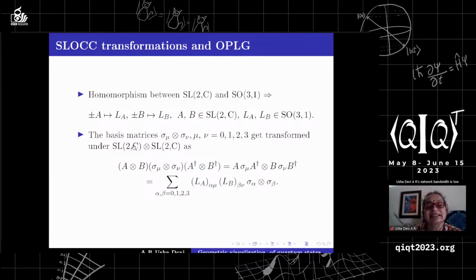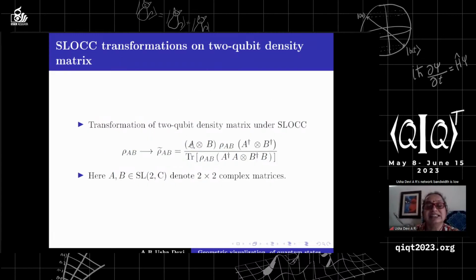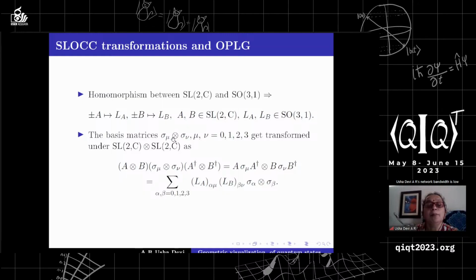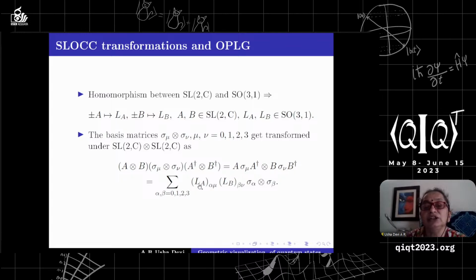So now, if I have such a structure, when a density matrix undergoes a SLOCC transformation, what happens to the Pauli basis? Under this transformation, interestingly, it will not simply give you sigma alpha, sigma beta, but the factors L_A alpha mu, L_B beta mu, that appear in sigma mu prime under local operations.